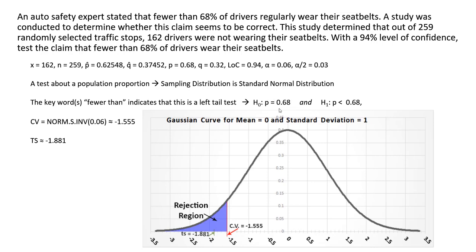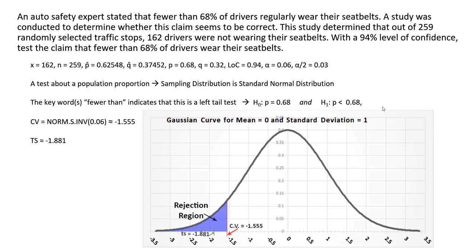Now, we don't know what the exact number is. We just know that this is not the number. And what we have just proven is that whatever the new number is for our population proportion of those who are not wearing their seatbelt, the new number is somewhere less than 68%.